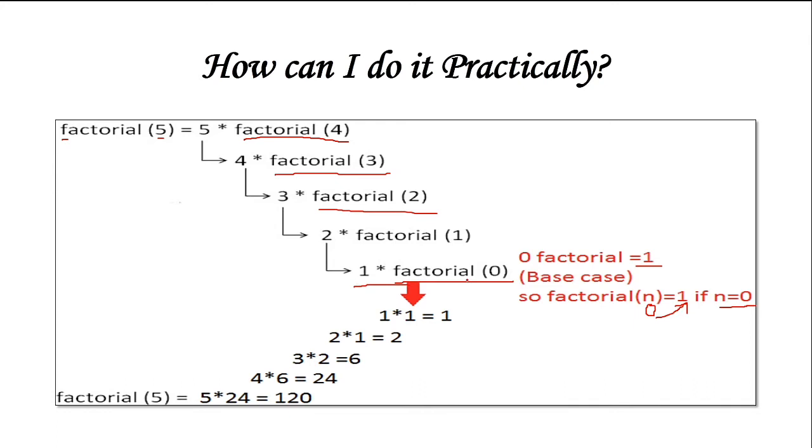Now in this step you are going to find factorial of 1. In order to find factorial of 1, you need to multiply factorial of 0 with 1. Factorial of 0 we have given the value as 1, and 1 into 1 gives the answer 1. This is the answer for this particular function.